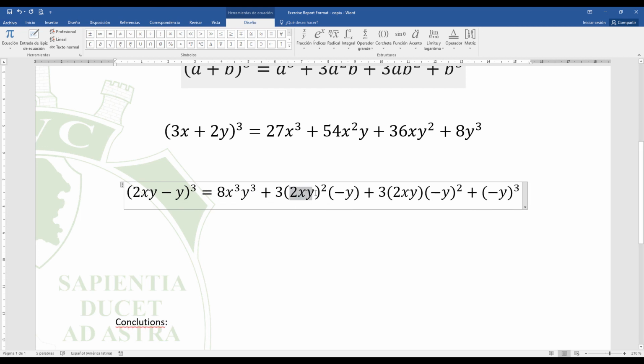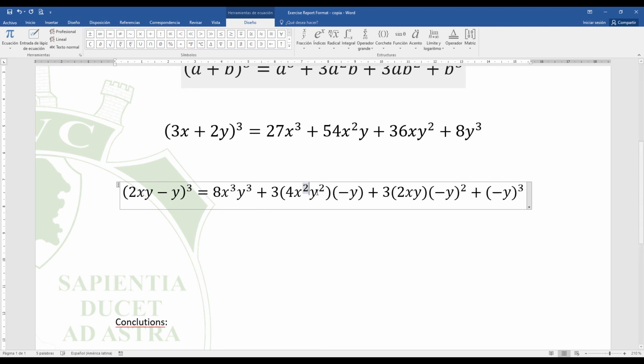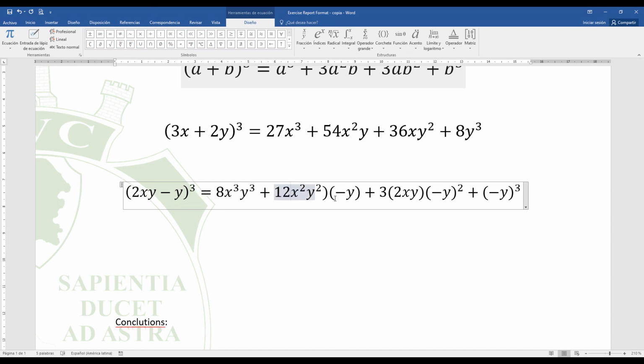Now you need to do the square of that first, so this is 4x squared. Now you need to multiply 3 times 4. This is 12x squared y cubed.